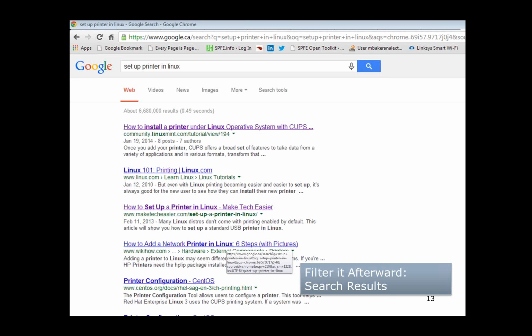So this is pages that are coming. And then you can go through this and pick out the one you want. So filter it afterwards. Include it all, filter it afterwards. And again, almost certainly not a single one of these is a home page. And not at any point in my process of setting up my printer in Linux am I going to hit the home page of any of these sites.